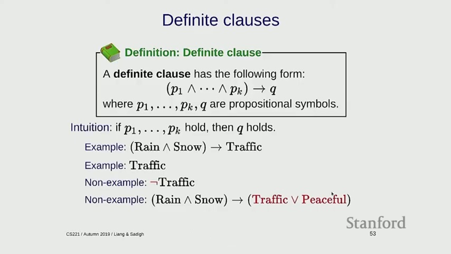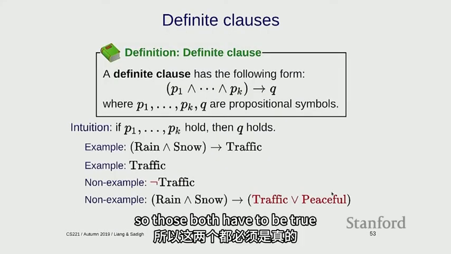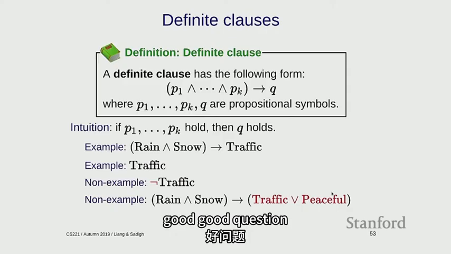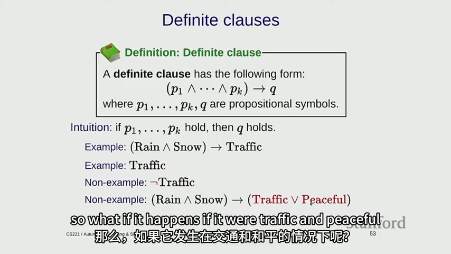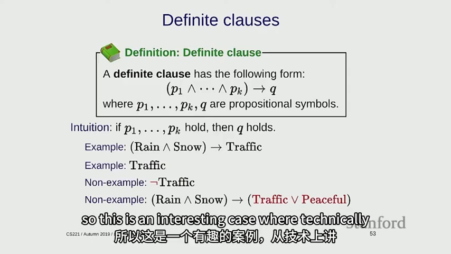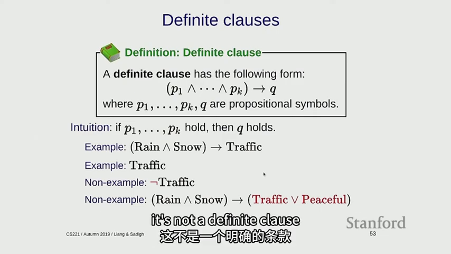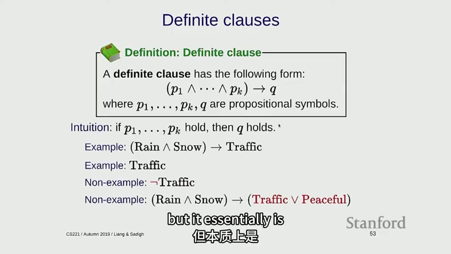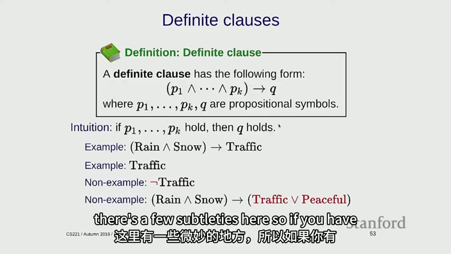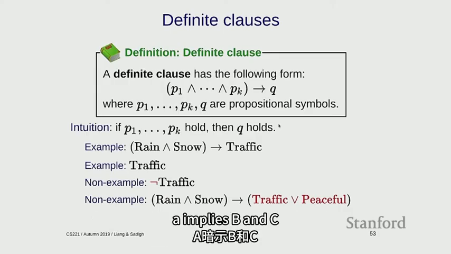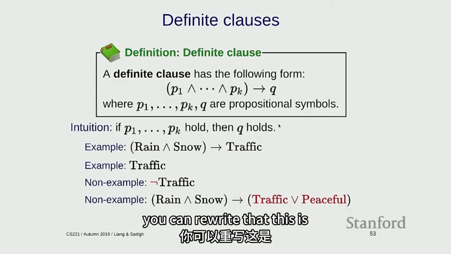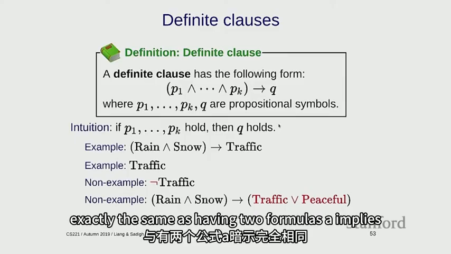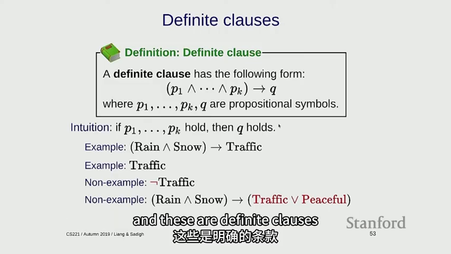What if it were traffic and peaceful? This is an interesting case where technically it's not a definite clause, but it essentially is. There are a few subtleties here. If you have A implies B and C, you can rewrite that. This is exactly the same as having two formulas, A implies B and A implies C, and these are definite clauses.